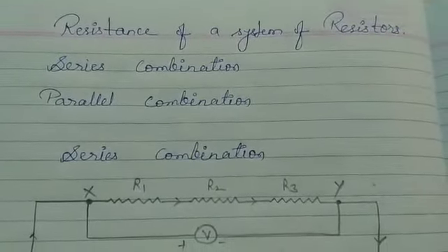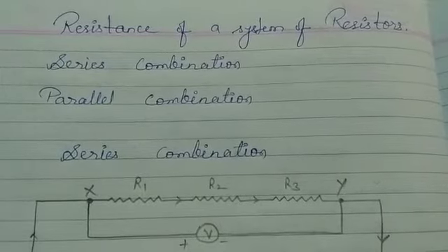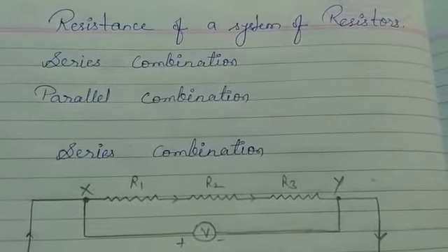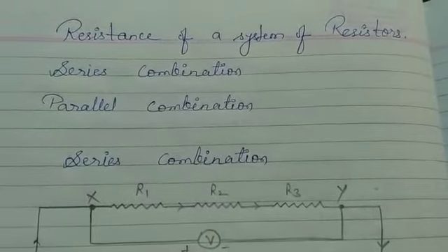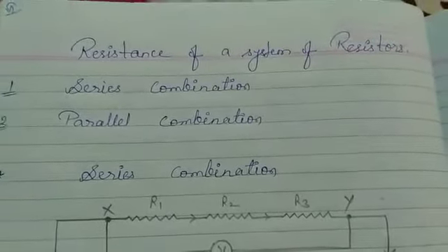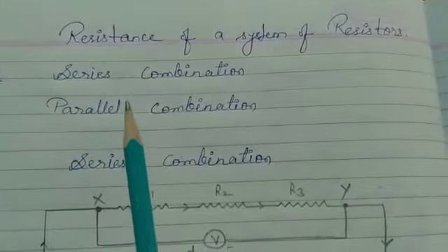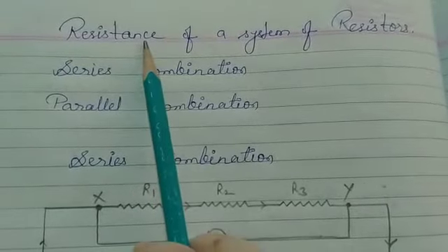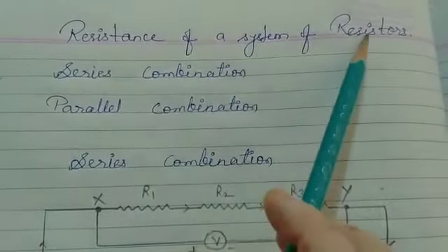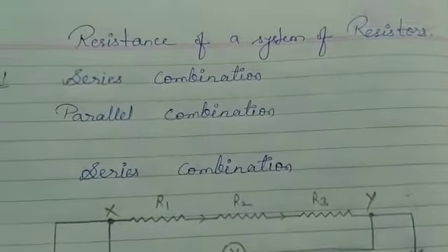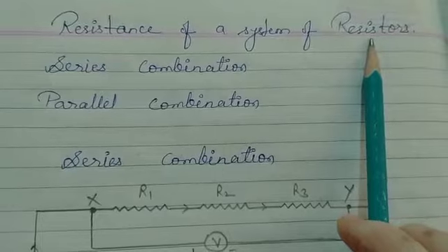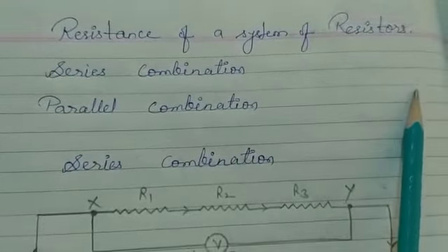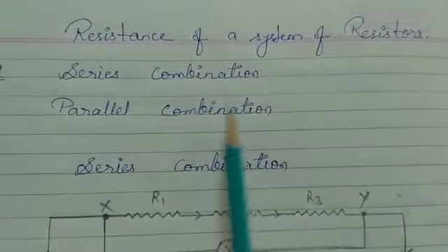So basically, whatever thing in which current flows has some resistance, so they are all resistors. Now in today's lecture we are going to study the resistance of a system of resistors. That means here not only one thing is there but so many resistors. About them we will study.